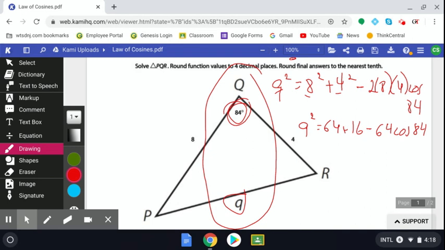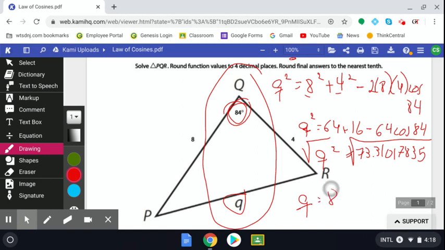Enter that on the calculator and you're going to get something that looks like this. q squared is equal to 73.31017835. And now you square root both sides. And since they want me to round it to the nearest tenth, I am going to say that q is 8.6.